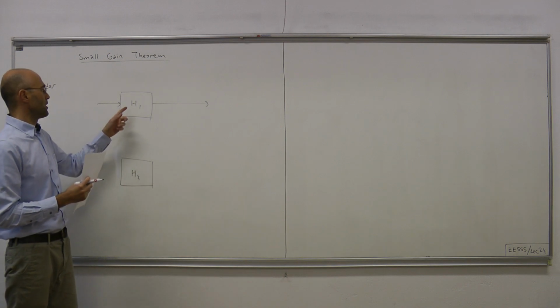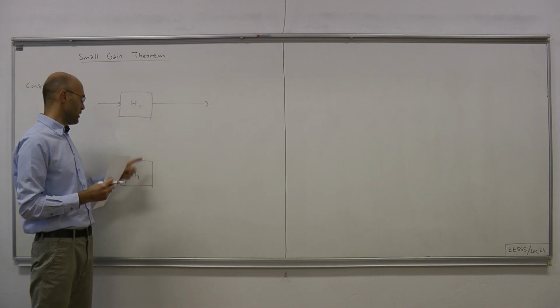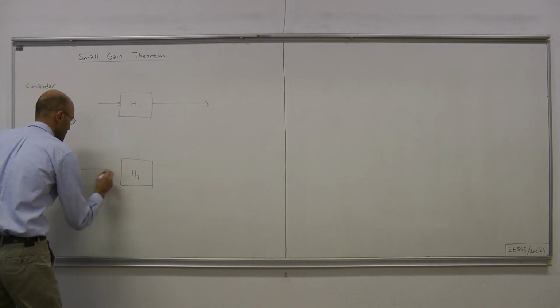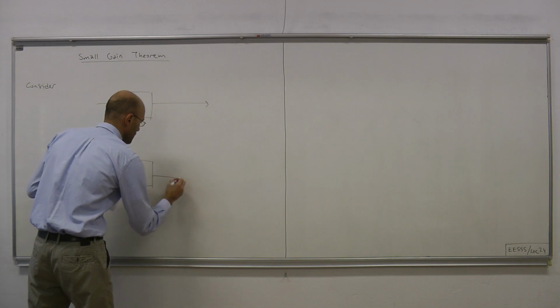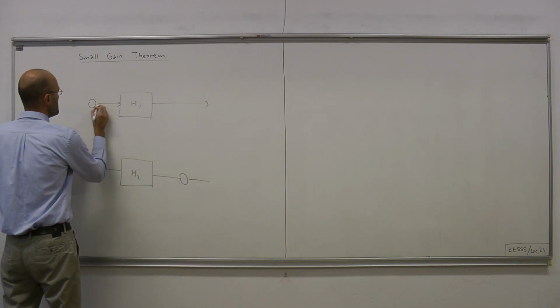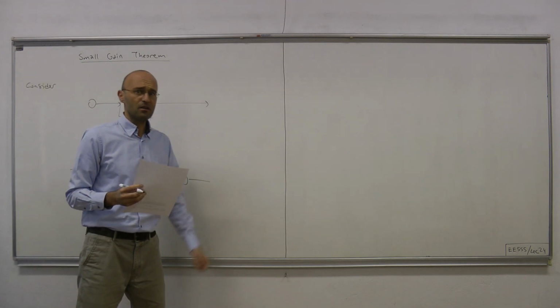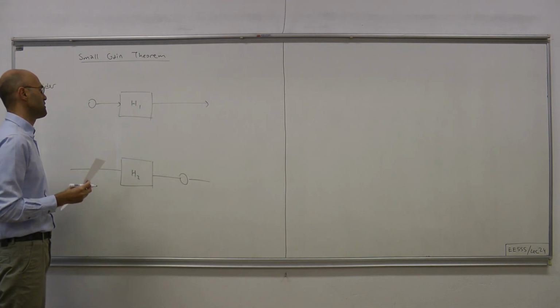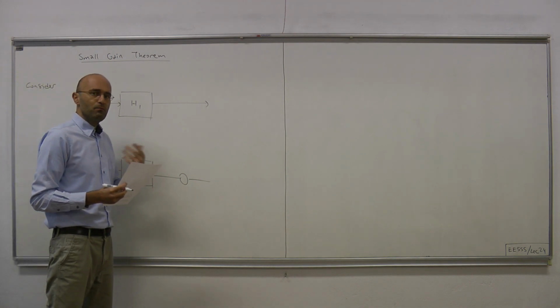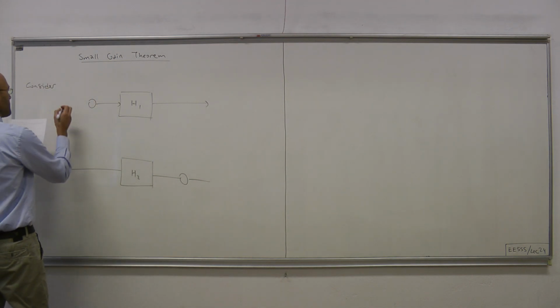So we know the L stability properties of H1 and H2, suppose. And what's being done is we construct an aggregate system, a larger system, by connecting H1 and H2 in feedback form.